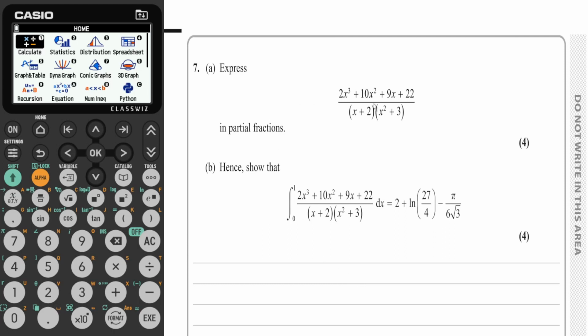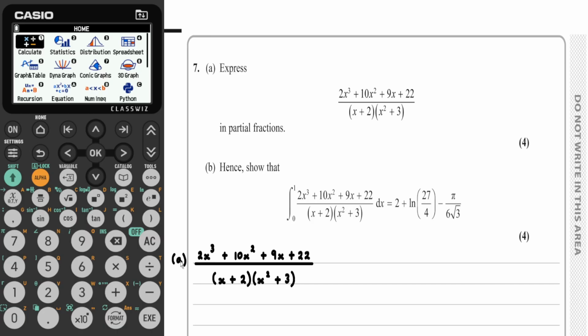Question number 7, part A. Express (2x cubed plus 10x squared plus 9x plus 22) over (x plus 2) times (x squared plus 3) in partial fractions. We've got this expression shown here. For the numerator, the highest degree is 3.